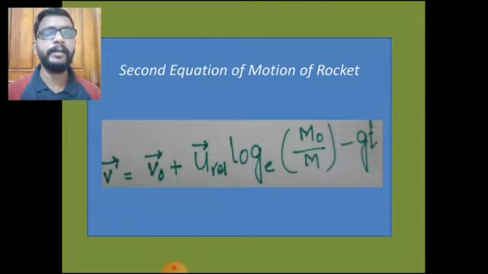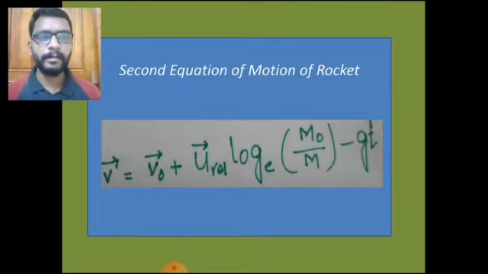Let us see how we can derive the first equation of motion of the rocket. We have already seen the variable mass system, in which we got one equation for the instantaneous force acting on the rocket. What is that? We know that m into dv bar by dt equals F external force plus F reaction force.